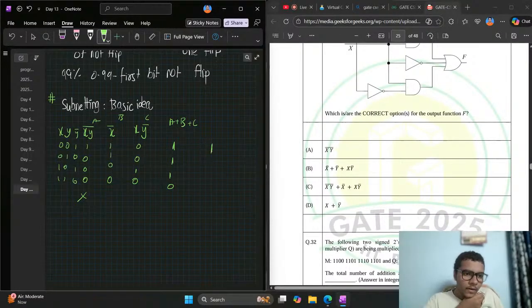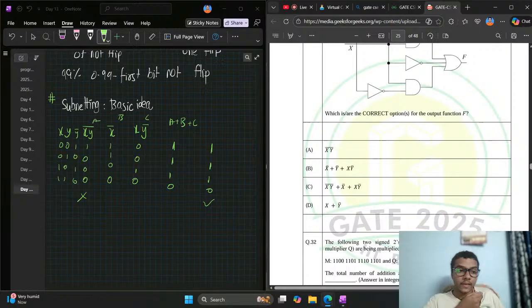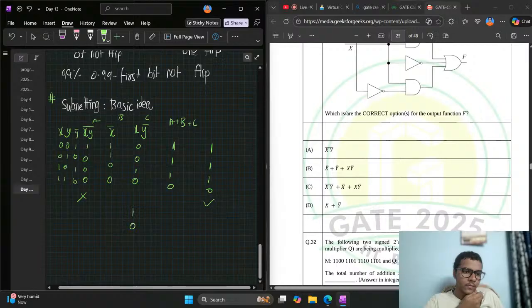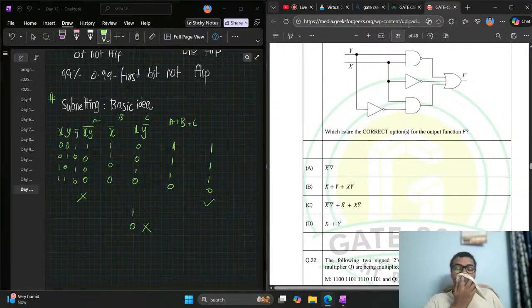Is 1 and that is 1 and that is 1 and X bar Y bar. That is 0, so that is matching. The 1 and 2, alright. X plus Y bar. X plus Y bar is 1, 0, so that's not matching. So both B and C are the answers.